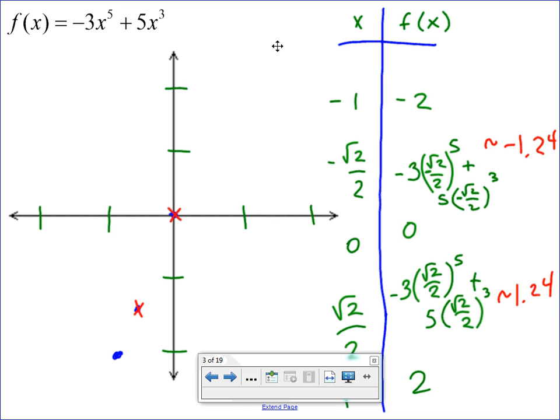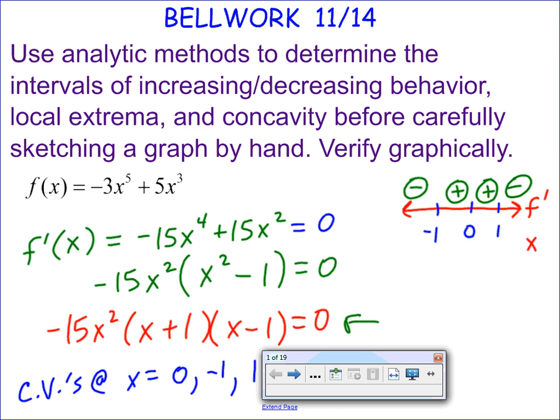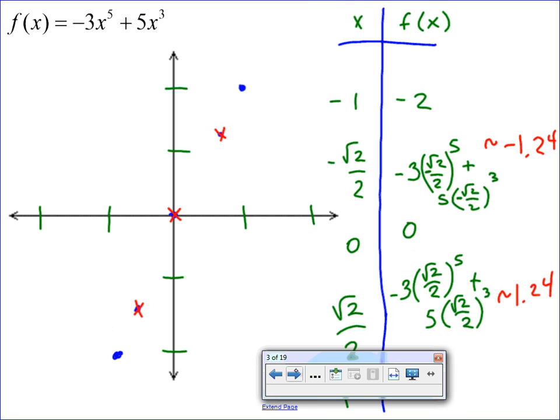Root 2 over 2, comma 1.24, about 0.7, 1.24, about. That is the point of inflection. 1, comma 2. And that is a local max.